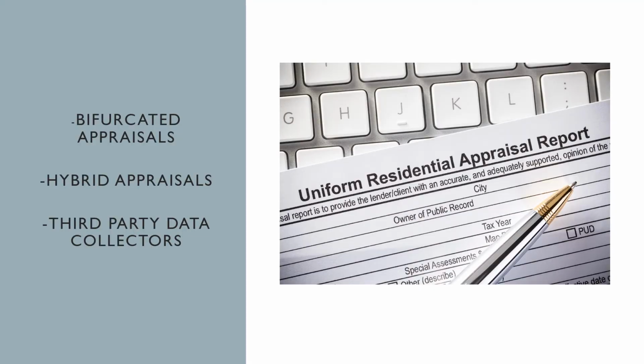Fannie Mae has been experimenting with what is commonly referred to as a bifurcated appraisal. A bifurcated appraisal is made up of two parts, where the data collection process is completed first and the appraisal itself is generated as a second component after the data collection has been obtained.